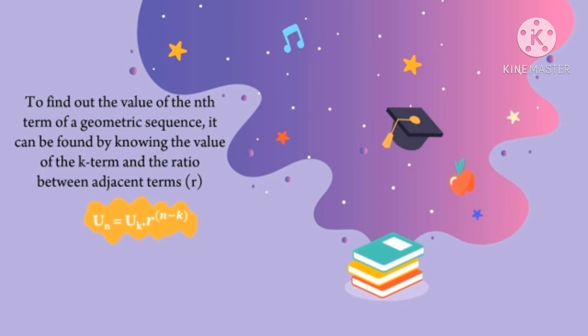If what is known is the value of the first term, uk equals a, and the ratio between the terms, then the value of k equals 1 and un equals a multiplied by r to the power of n minus 1.